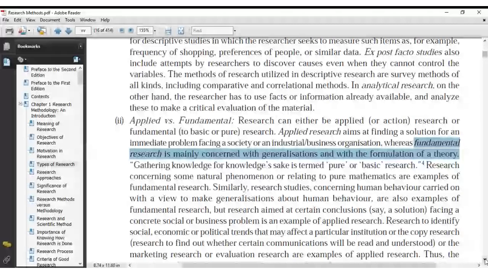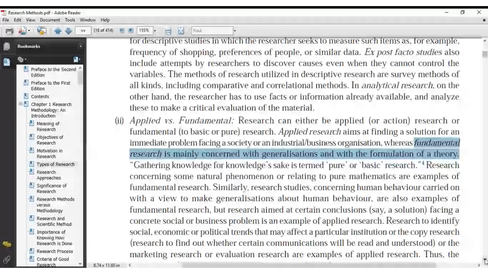Do you understand that? Me as a researcher, I can perform a fundamental research. I come up with theories, just general theories around the topic of study. So if I'm doing research on something like online buying and selling, I can do a fundamental research.